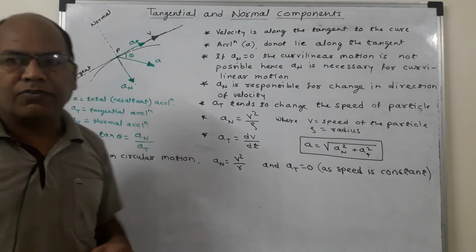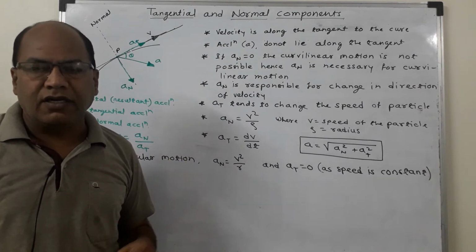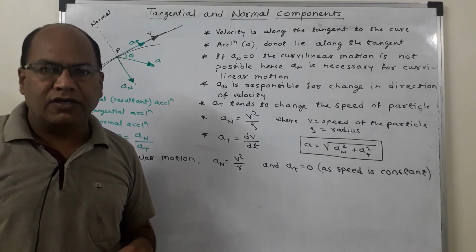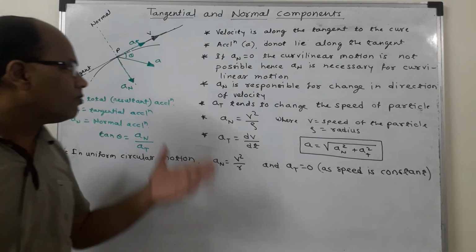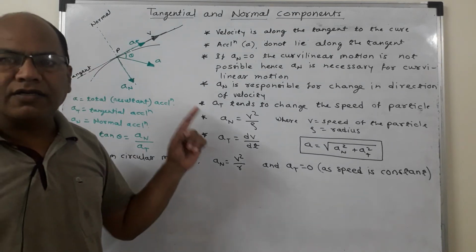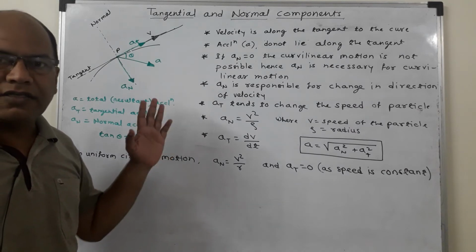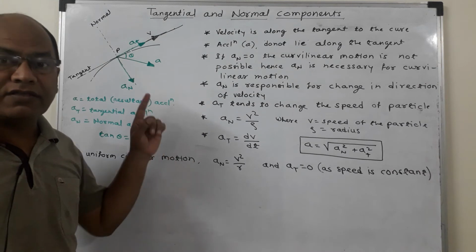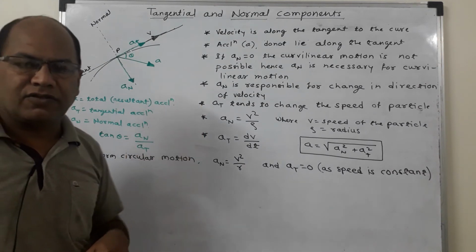Out of these two components, an, the normal acceleration, is responsible for change in direction of velocity. So an tends to change the direction of velocity. So what is the job of at then? Now at tends to change the speed of the particle, meaning at is responsible for the change in magnitude of velocity, whereas an is responsible for change in direction of velocity.